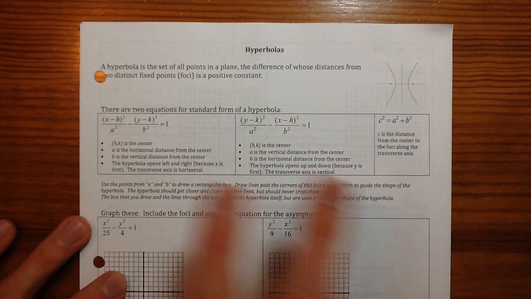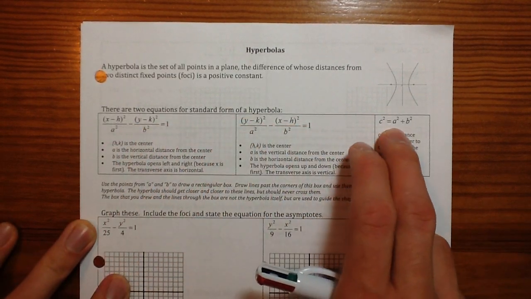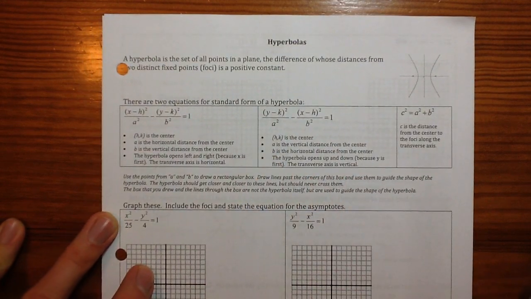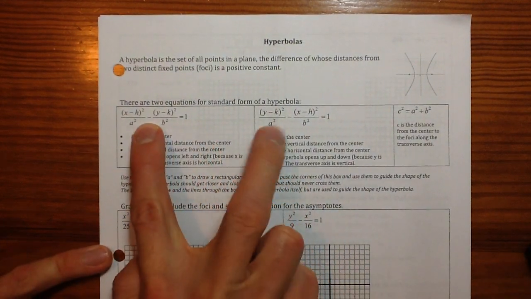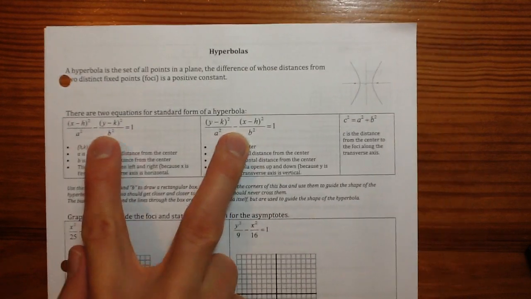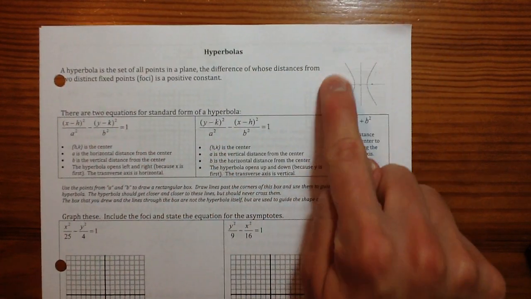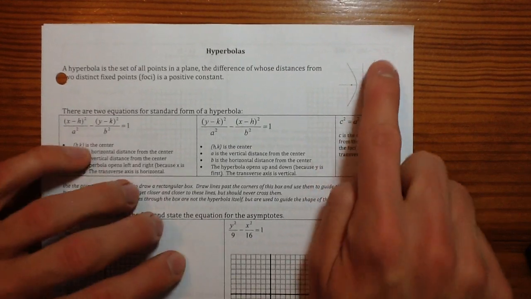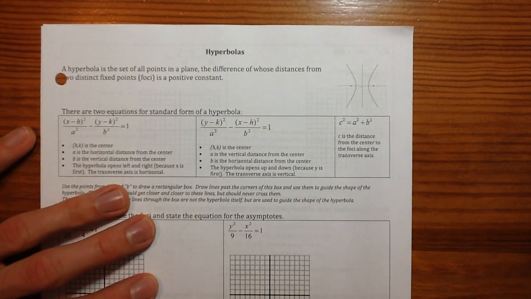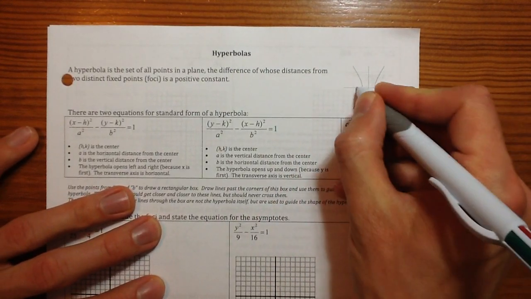All right, two equations for a standard form of a hyperbola, and then the third random equation. Now, you will see with the hyperbola that it looks a lot like an ellipse in terms of the equation, but notice that right there. It's a minus, not a plus. So that causes what would normally be round and elliptical to turn outward, like you see up here at the top of your page. These, just like on an ellipse, are the foci.